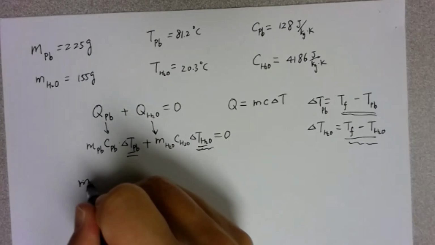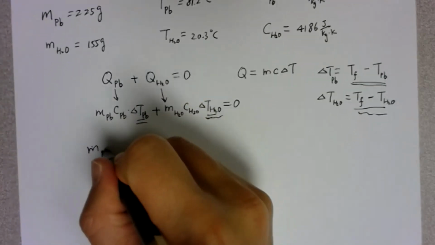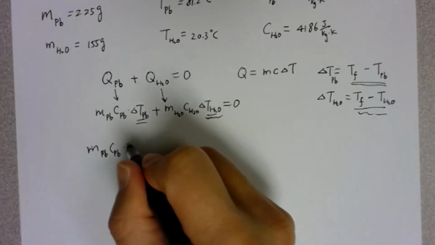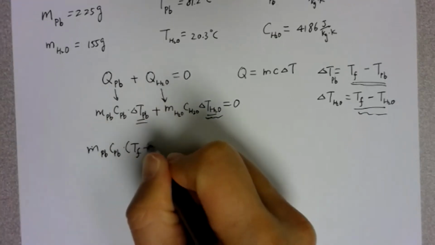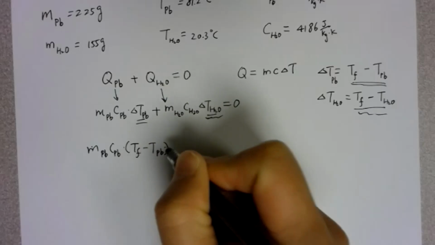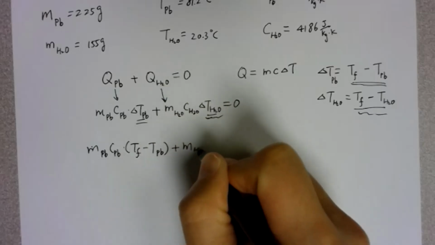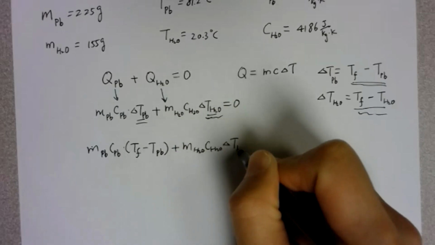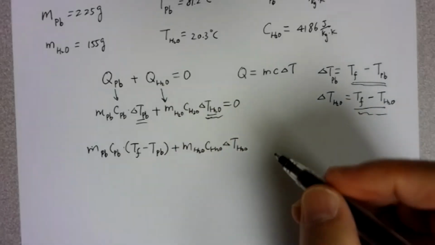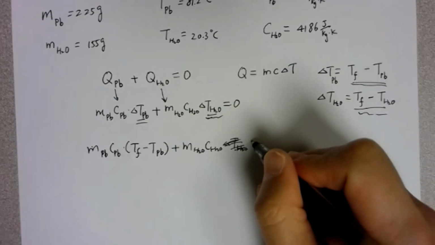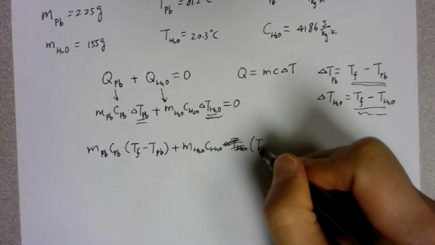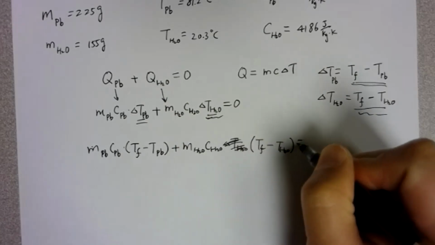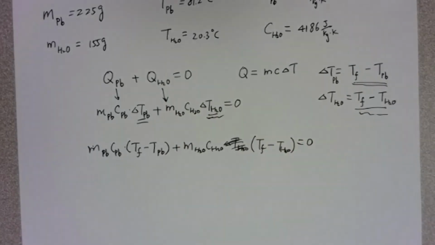So it becomes MPb, CPb times, now we'll do TF minus TPb, plus MH2O, CH2O, and instead we'll do TF minus TH2O. That goes to 0, all right?